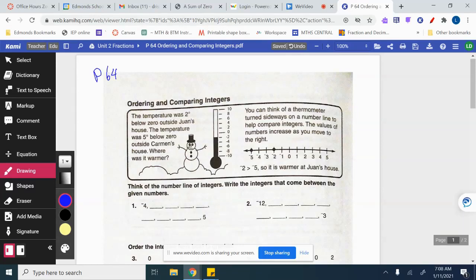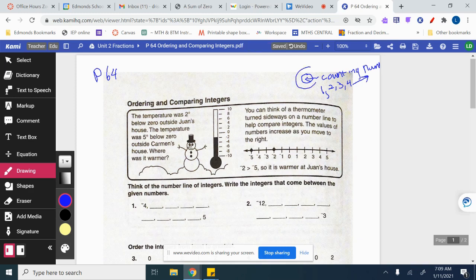We are going to be working on ordering and comparing integers, but first let's figure out where the word integer comes from. So if we were to draw a bullseye of numbers, this would be counting numbers. And that is, we start with 1, and then 2, 3, 4, and so on forever.